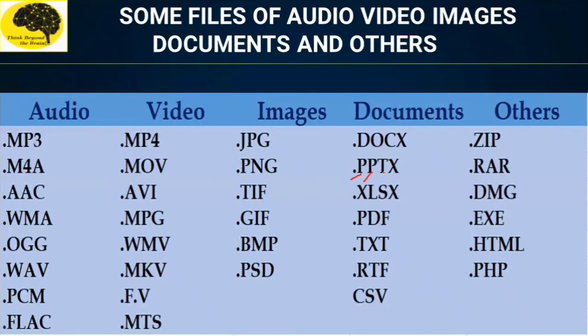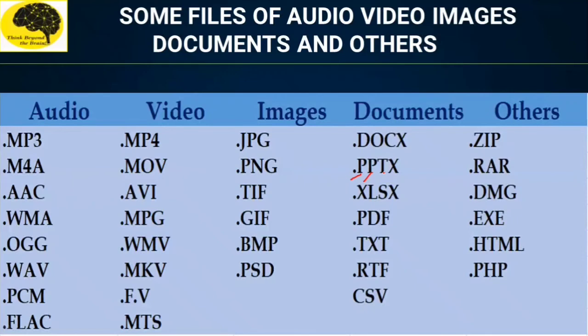Now in images you can see JPG, then PNG, TIF and GIF. GIF, so you understand, is only just a continuing of the photo, like in video, a small video type thing. GIF, BMP, and PSD. And then documents: DOCX, our Word, PPTX, our PowerPoint presentation, XLSX, our Excel, PDF, our written type of thing, then TXT, text, then RTF and CSV.